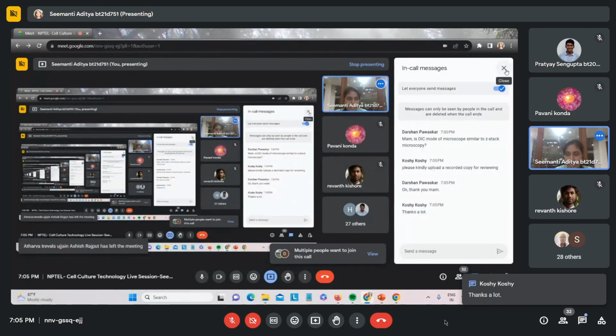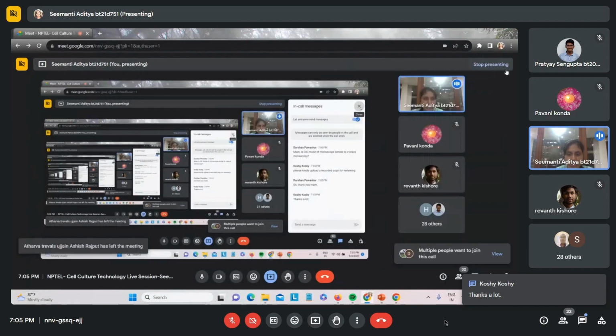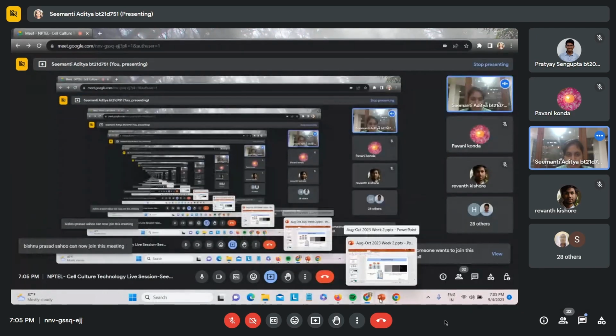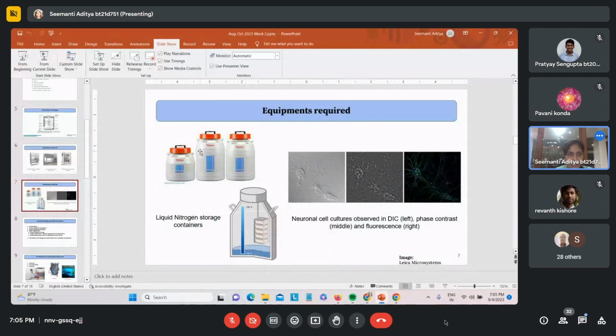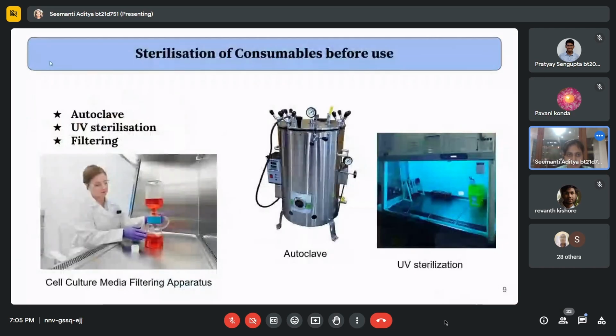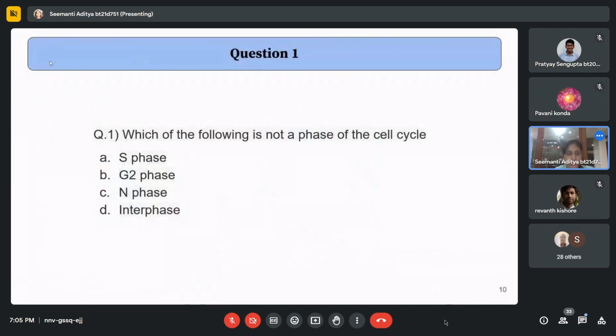So let us go to the questions. This is a question from the previous class when we were doing the cell cycle phases. Which of the following is not a phase of the cell cycle? You can answer in the comment box.